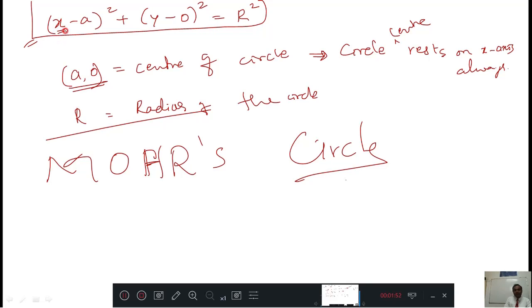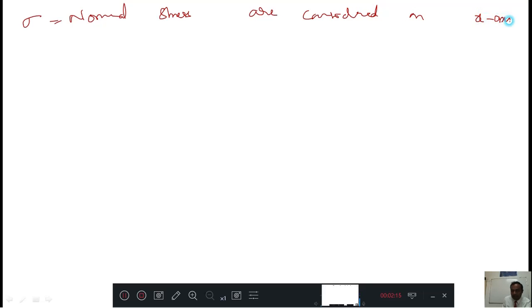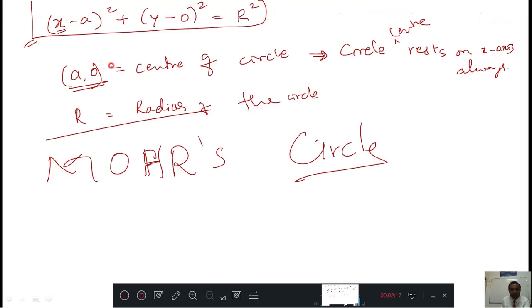in the place of x, sigma theta is there, meaning normal stress. Therefore, according to Mohr circle, normal stresses are considered on the x-axis.